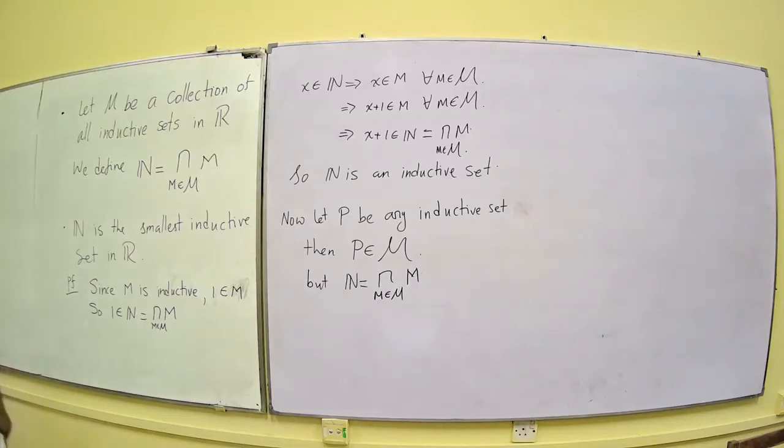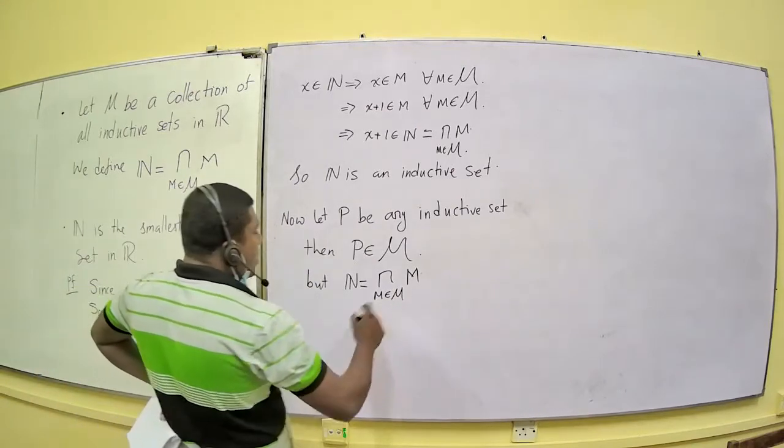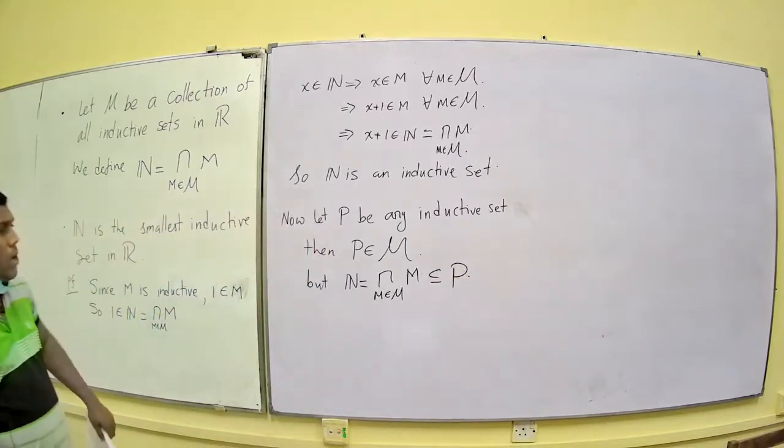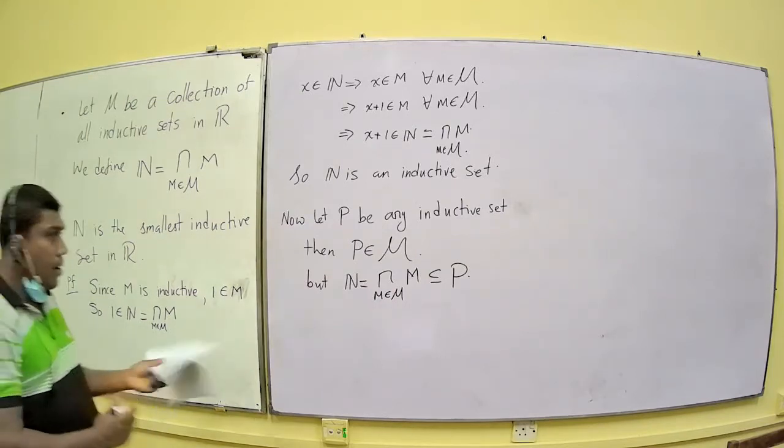N is the intersection of all inductive sets in M, the set of all inductive sets which are members of curly M. So clearly P is a member here, so that means this is contained in P, because the intersection of all sets is a set that is contained in each of the sets. You know that from a very basic level.